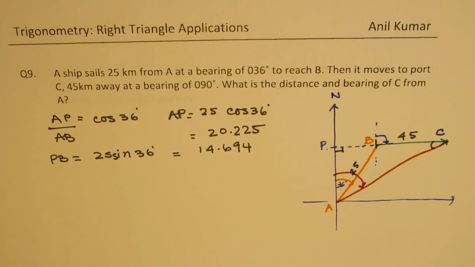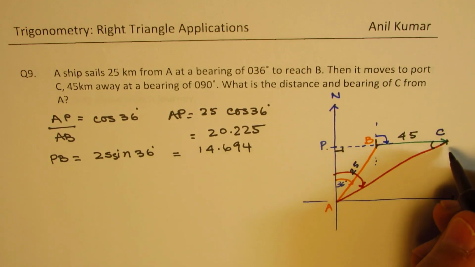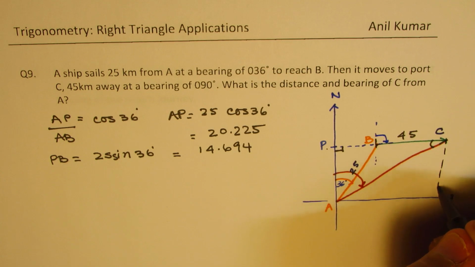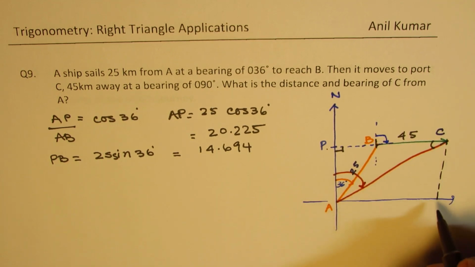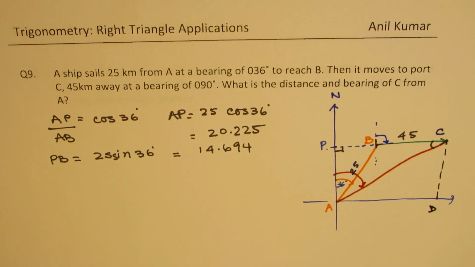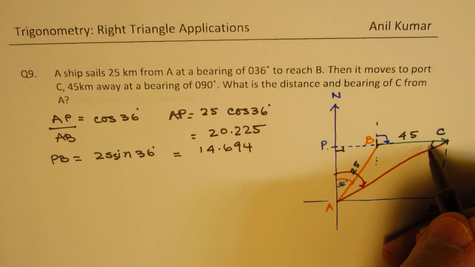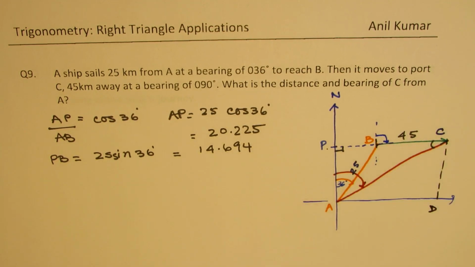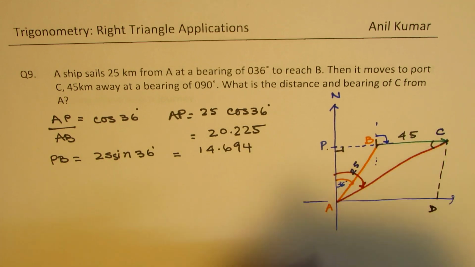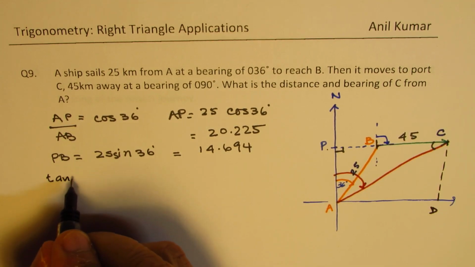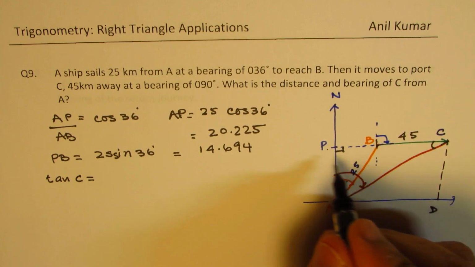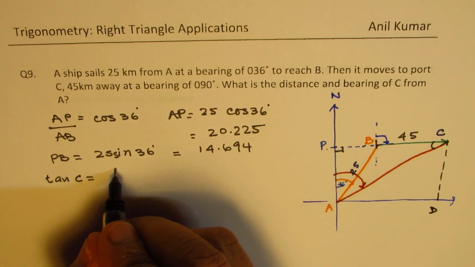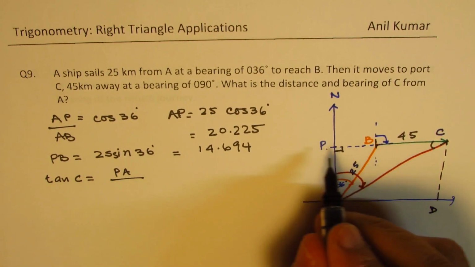So you could think like this. Let's call this point D. Now if you look, or you can just see from here, you can find this angle C using tan ratio, right? So we can say tan of C, this angle, tan of C, is equal to PA over PC.